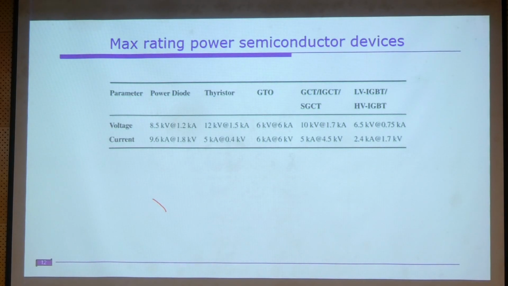For the IGBTs, these are the maximum ratings available. One is 6500 volts with a current rating of 750 amperes. If you focus on current, it is around 2400 amperes, but the rating is 1.7 kV. These are silicon-based devices as of now.